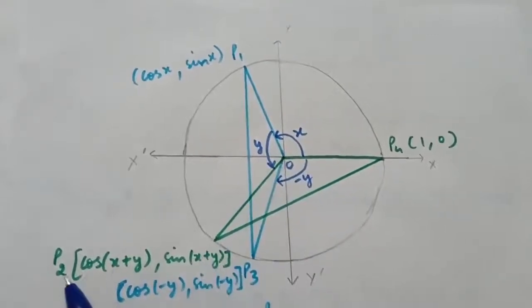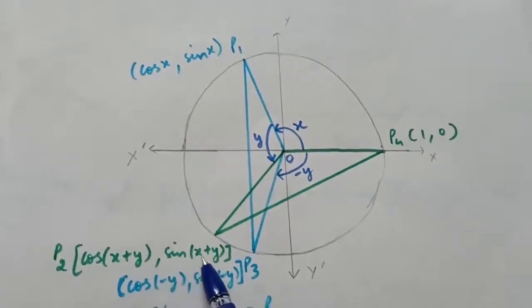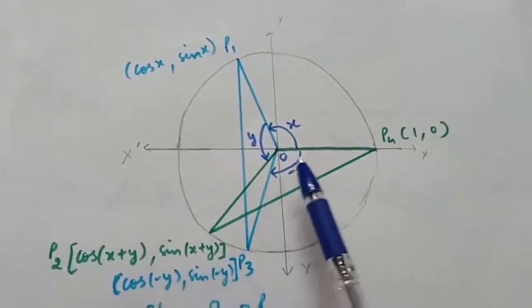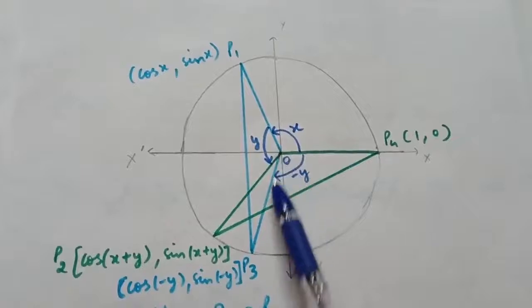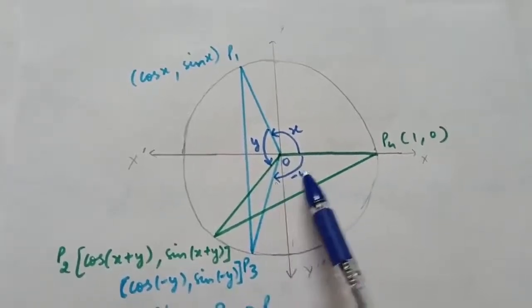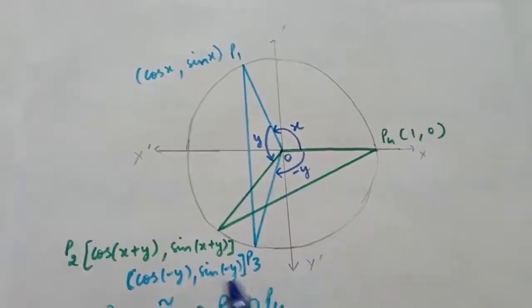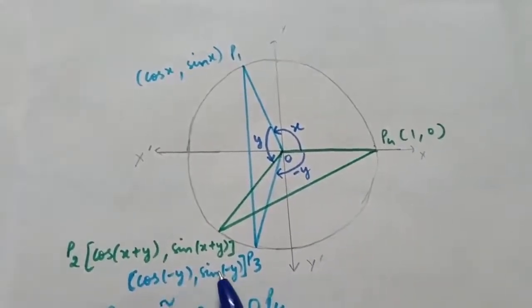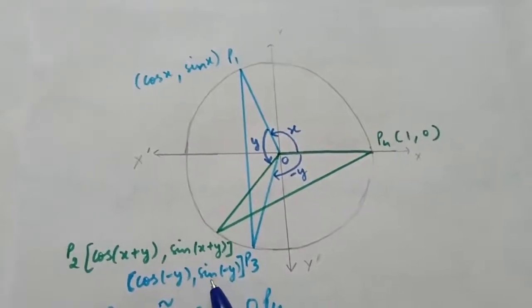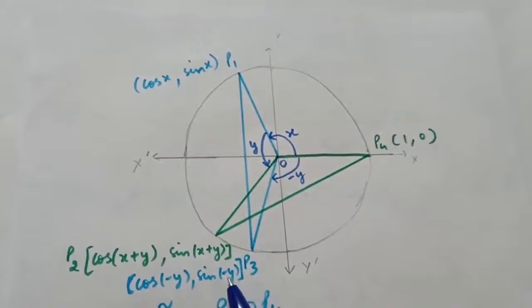So the coordinates of P2 will be cos(x plus y), comma, sin(x plus y). And let this angle P4 O P3, because we are taking it in the clockwise direction, be minus y. So the coordinates of P3 will be cos(minus y), comma, sin(minus y).